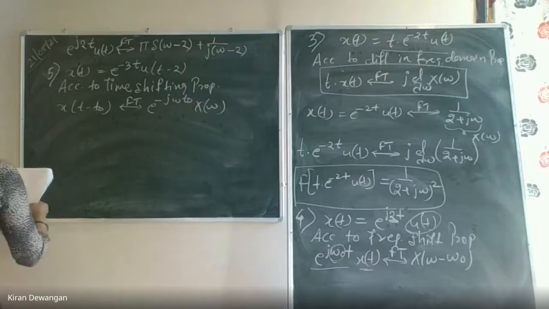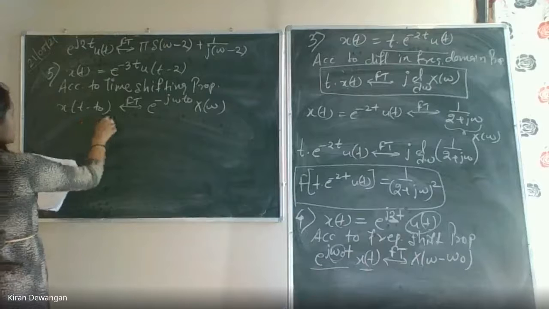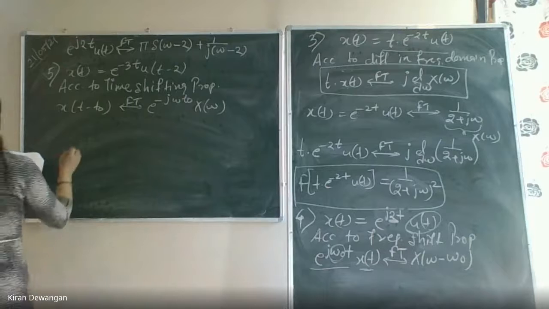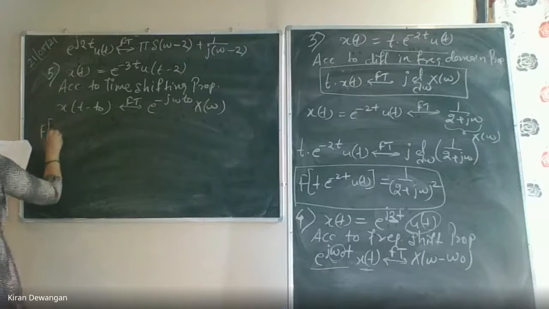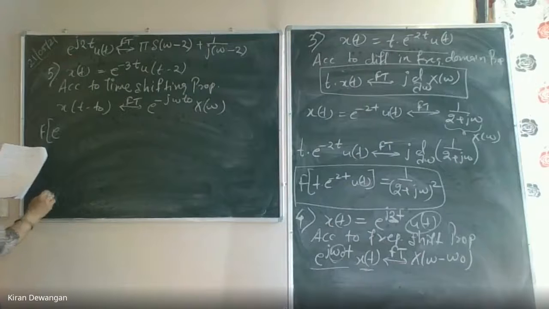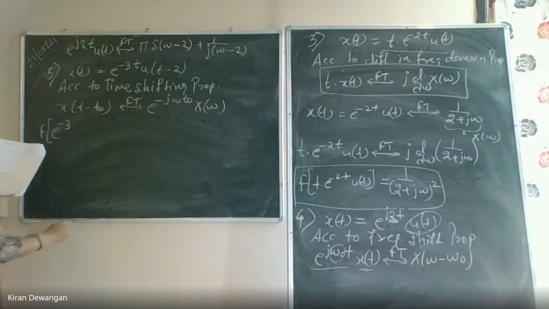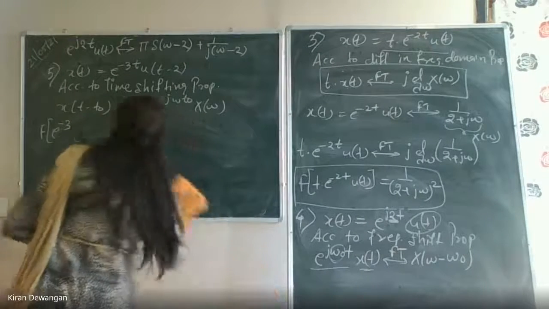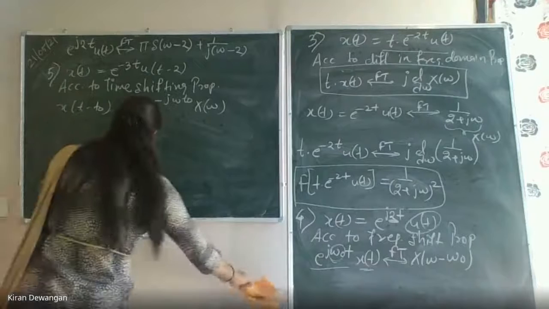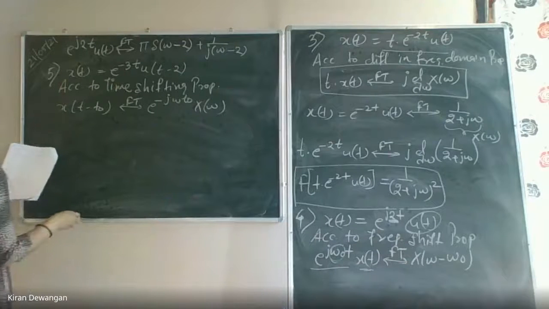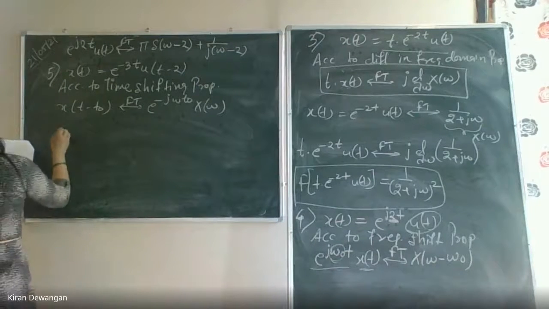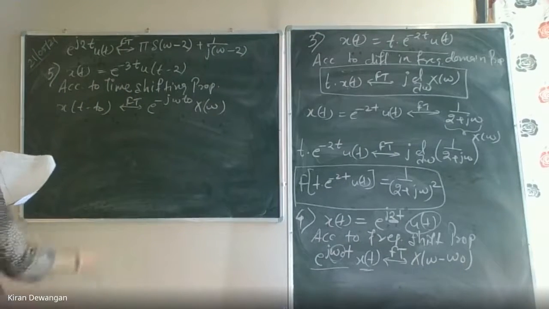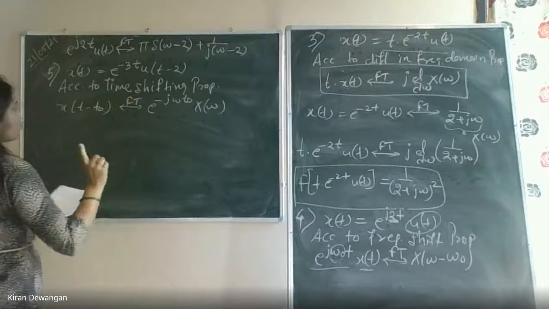Now if I take u of t, as I know u of t is this one, so Fourier transform of, I directly take e to the power minus 3t u of t minus 2. Now, first of all, what do we need to know?